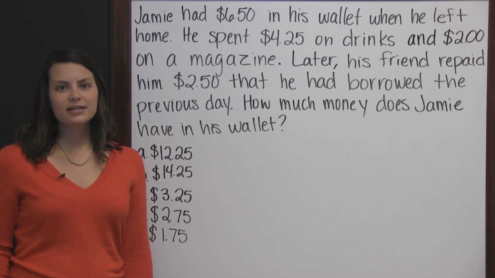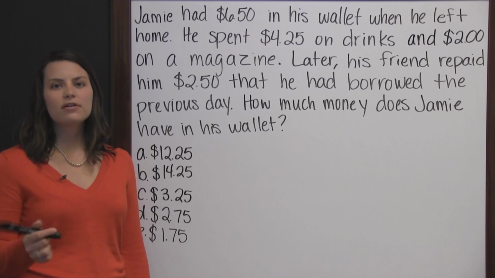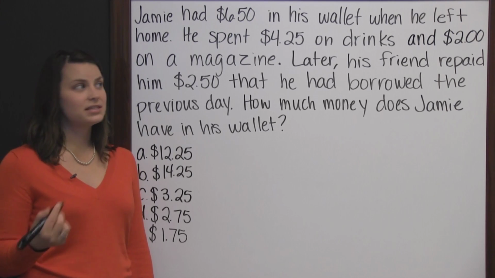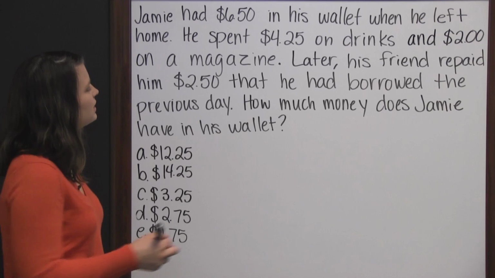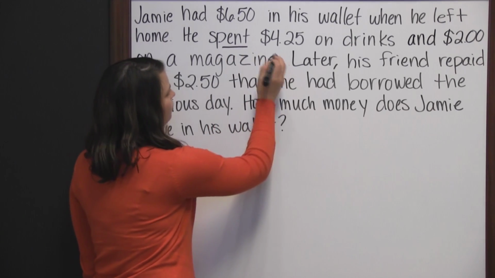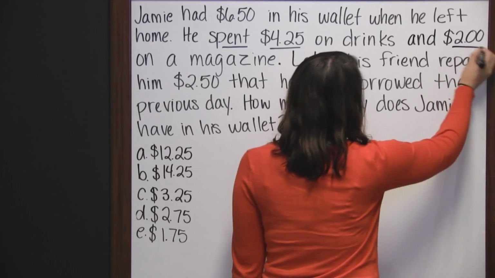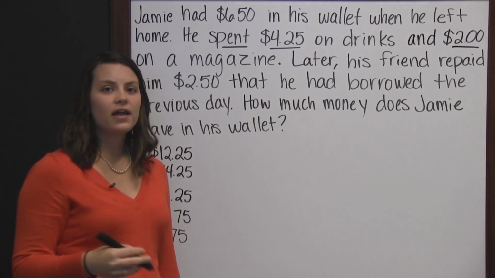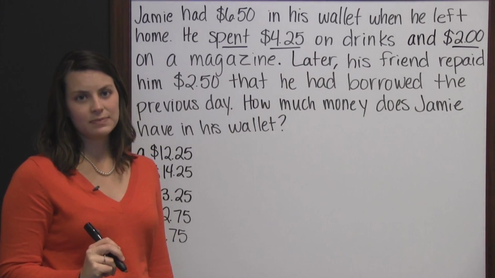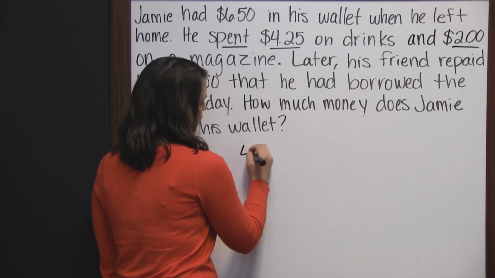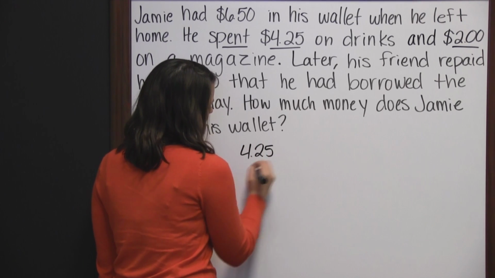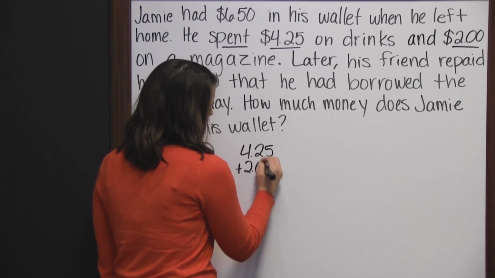So the first thing I'd like to do is find the total amount of money that Jamie spent. And I see that he spent $4.25 and $2. So to find the total amount of money he spent, I need to add $4.25 plus $2.